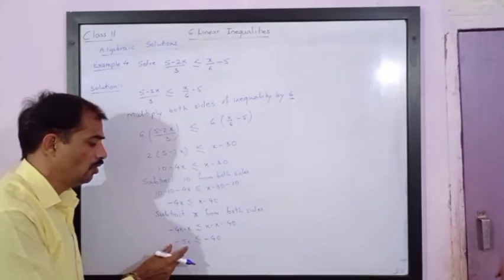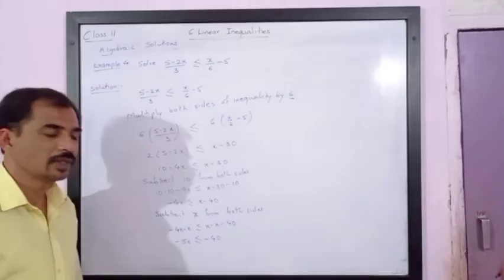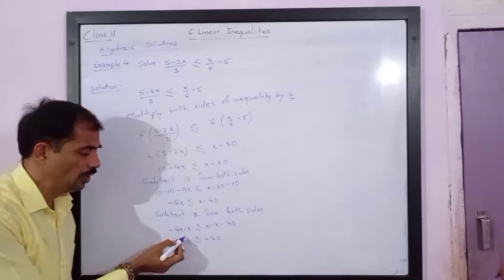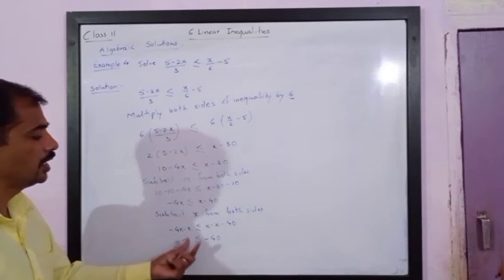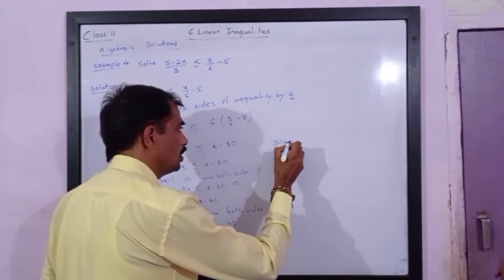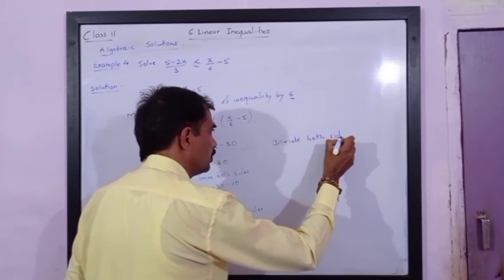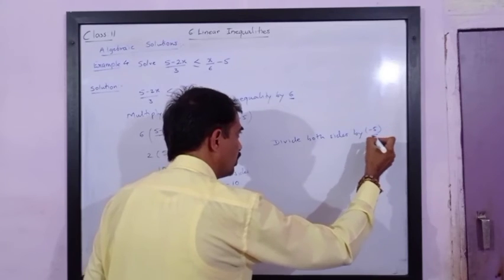Now watch carefully. We have got negative 5x less than or equal to negative 40. If you want to find the value of x, we need to eliminate negative 5. So divide both sides of the inequality by negative 5. Now watch carefully.